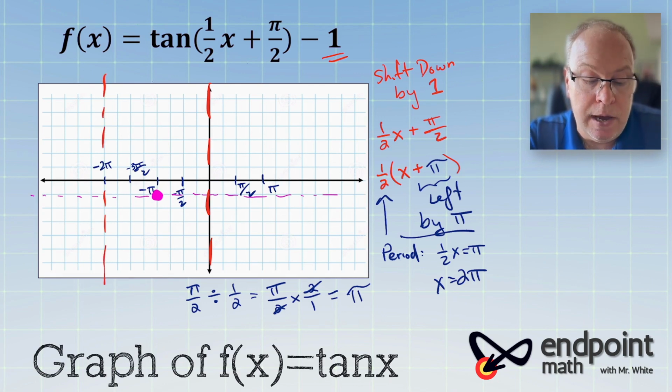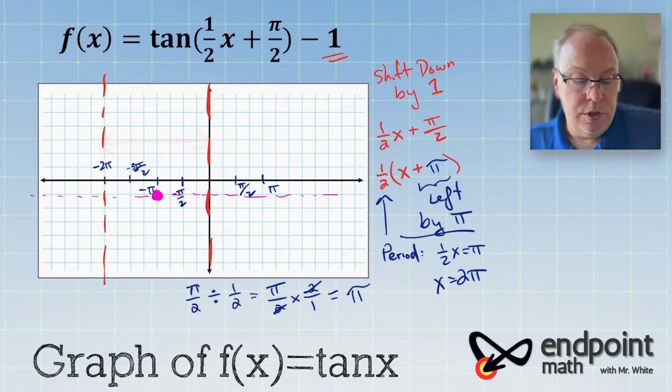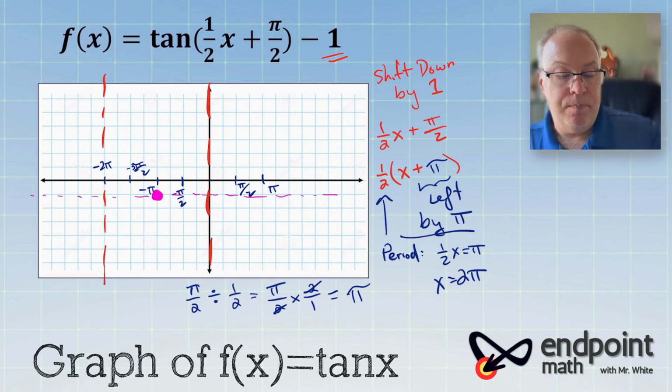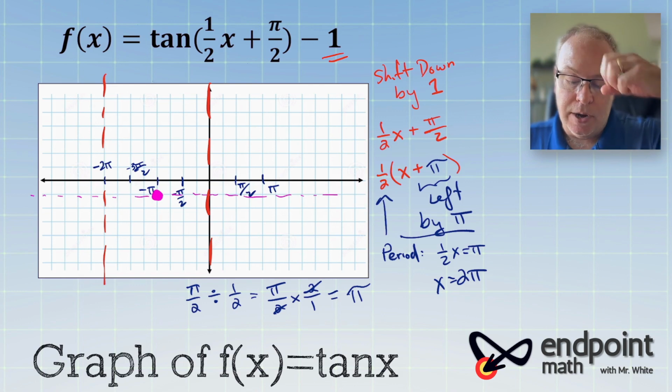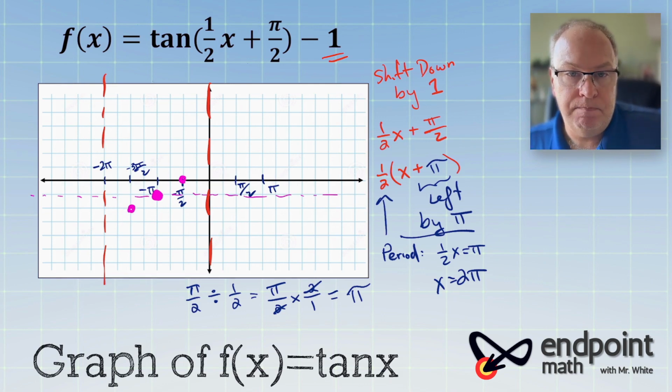You see how if we got our ruler out, this measures 2 pi in length. All right, so in bright pink there, I did that center dot. Now we don't have any vertical stretch, right? So I go to the middle on each side, and I go up or down 1, just 1. See how I did that?